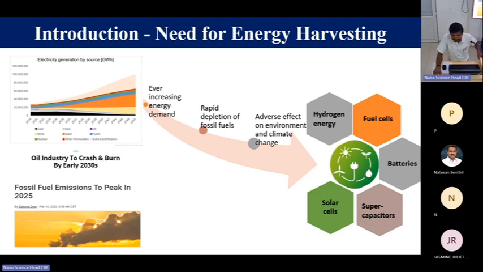We are using these materials for one more important application, that is CO2 reduction. The major issue in the environment is actually the liquid fuel, especially petrol and diesel. A lot of carbon dioxide and carbon monoxide emission is there, and because of that we are facing a lot of difficulty, that is global warming.